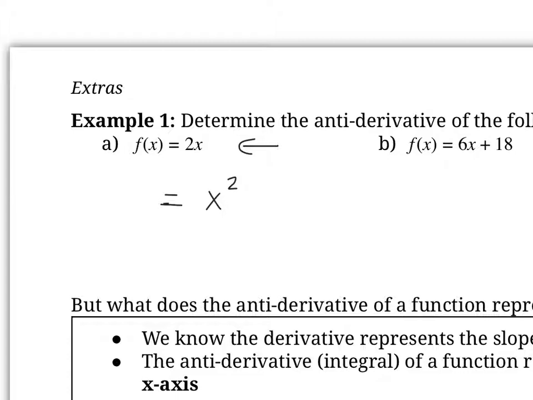So the way we write this is we would say this, and that long S shape stands for the integral. It's a long S, and it stands for sum, but it just essentially means the integral. So the integral of f of x is equal to x squared. Now it's not just x squared, because remember, look at our previous example.